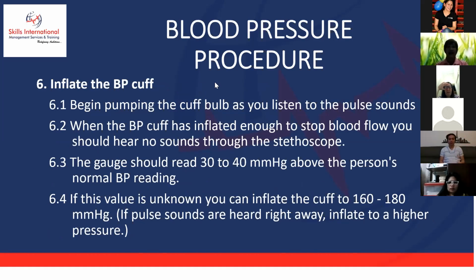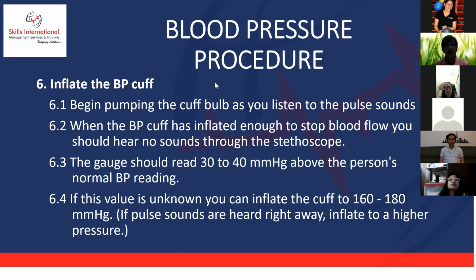Number six is to inflate the BP cuff. How to inflate it? With your thumb on the stethoscope bell, and with your right hand, grab the black squeezing rubber and start pumping the cuff bulb as you listen to the pulse sounds.